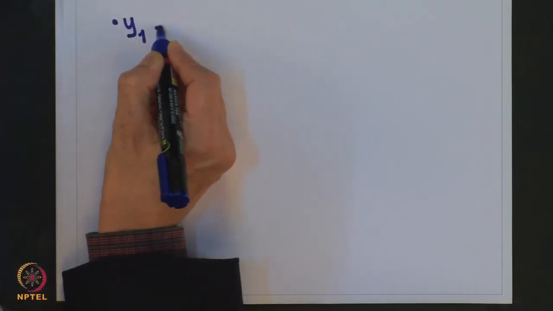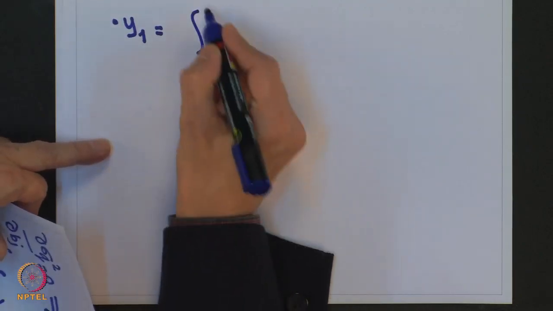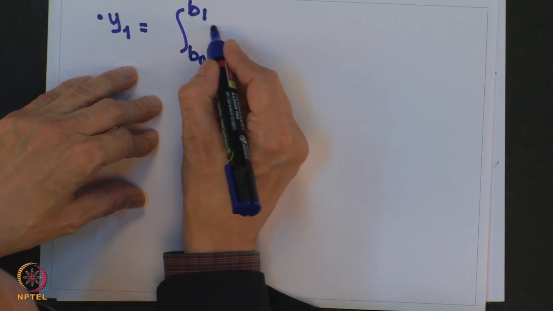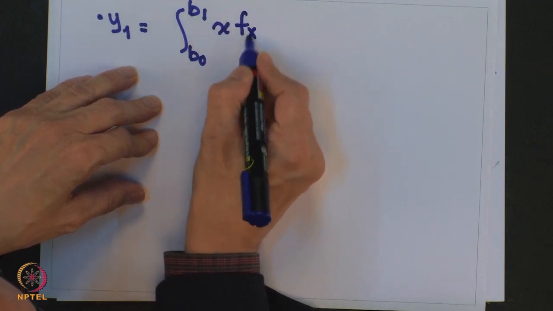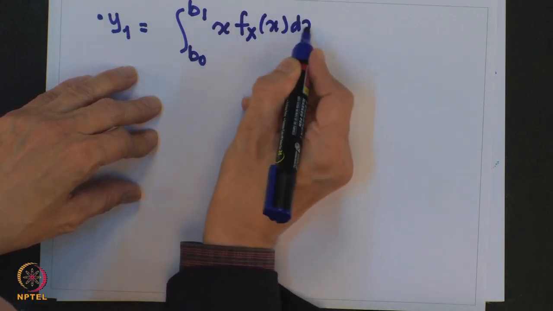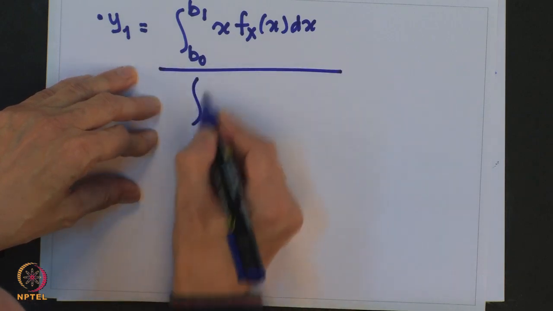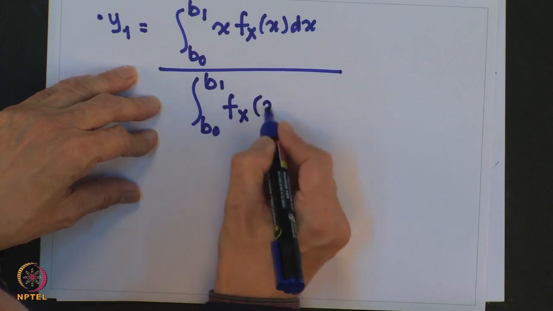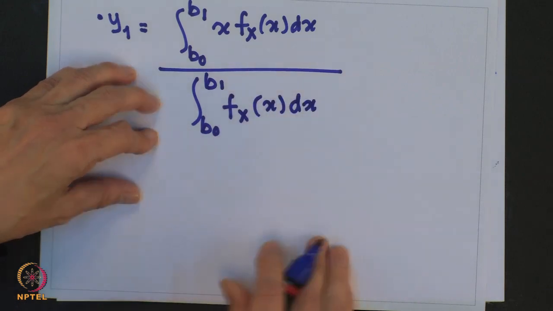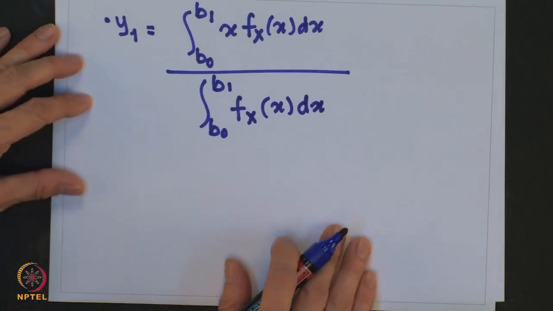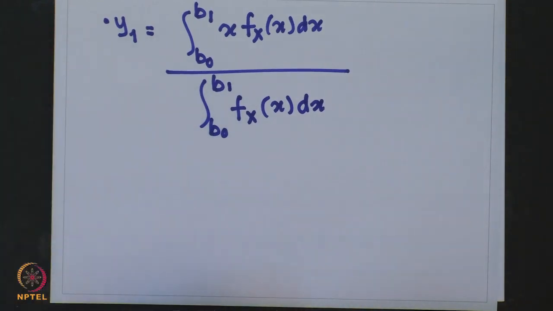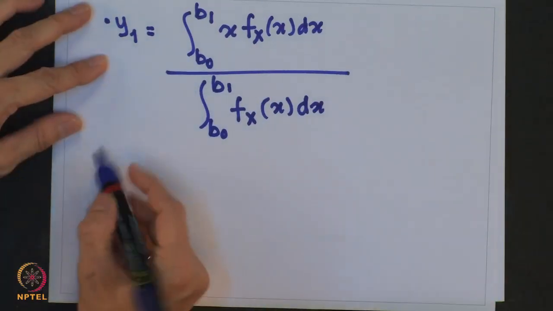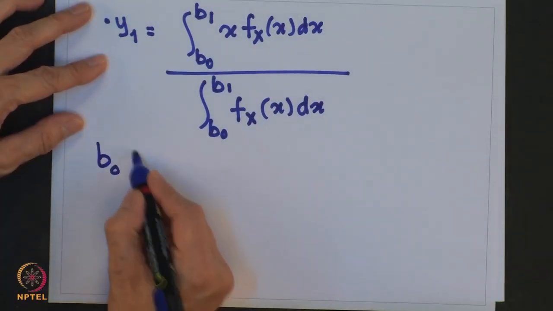Just going back to this equation, we can write the value for y1, correct. So, my first y1 is equal to b1 minus b0 divided by, fine. So, the way we have assumed, again I show you the slide, B0 is 0, correct.